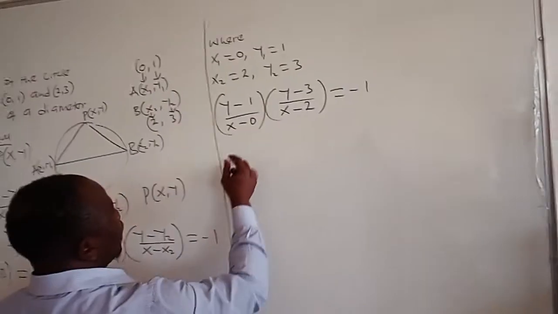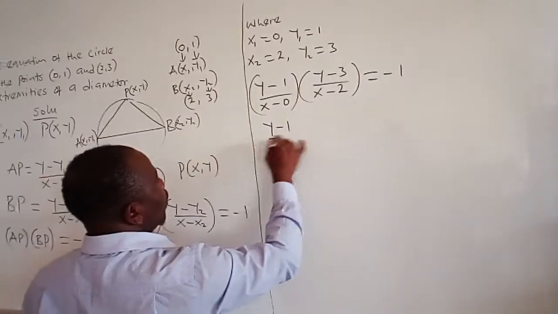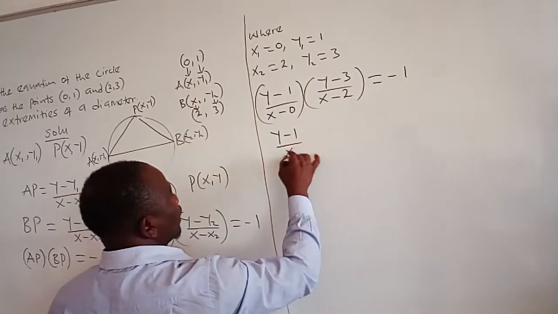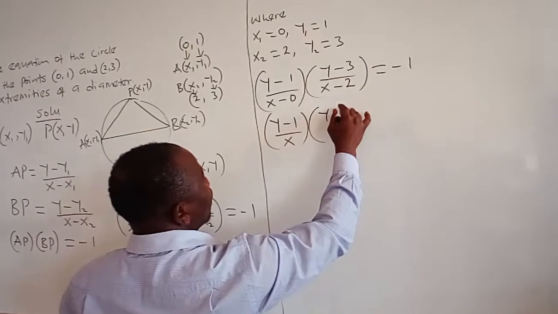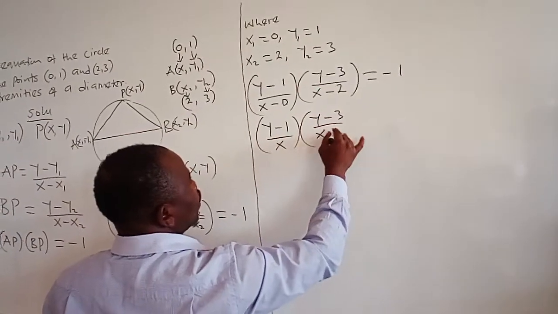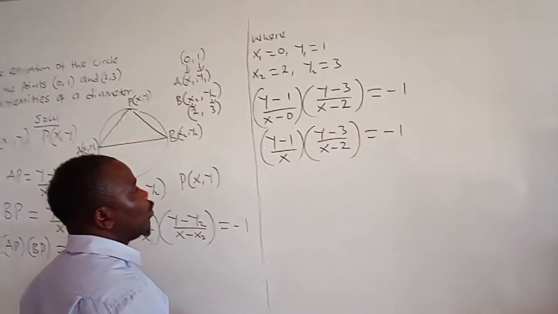So it implies that here will be (y minus 1) all over (x minus 0, which is x), all in brackets, times (y minus 3) all over (x minus 2), which is equals to minus 1. Okay.